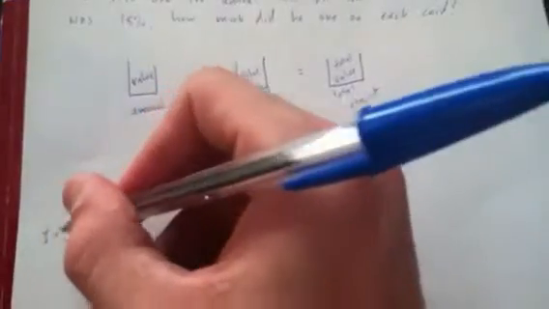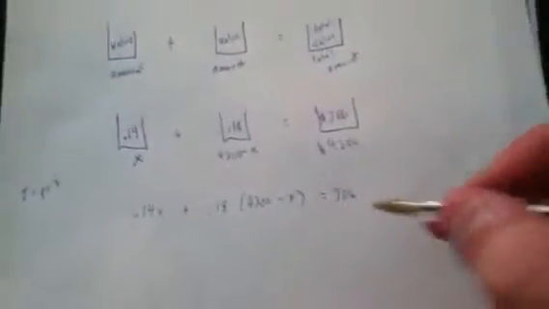And from here on out, to find interest, it's principal times rate times time. Since time is 1 year, that doesn't matter. So we're doing 0.14 times X plus 0.18 times (4,200 minus X), and that equals the $706 in interest that he already paid.